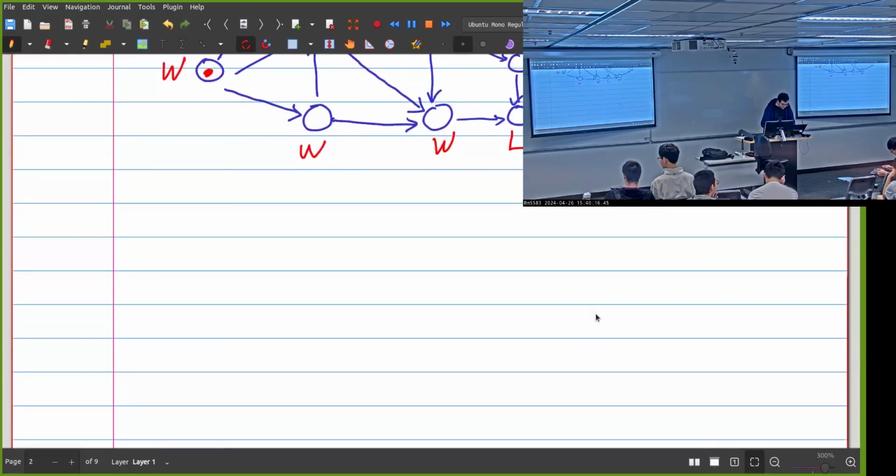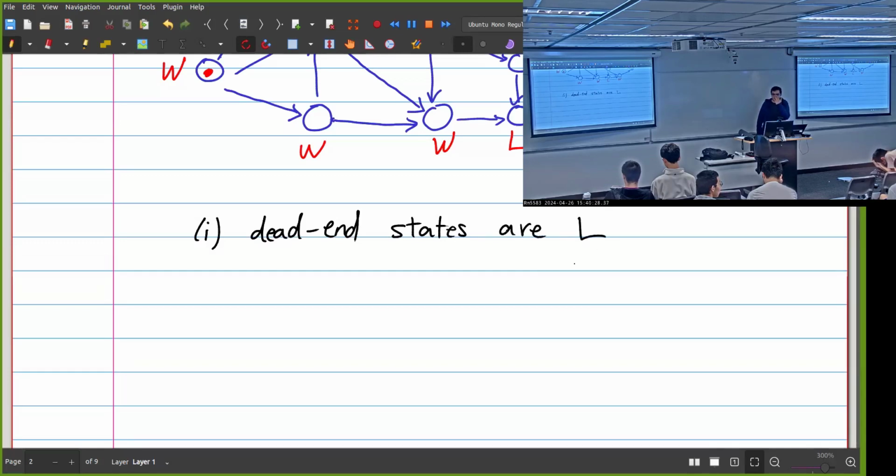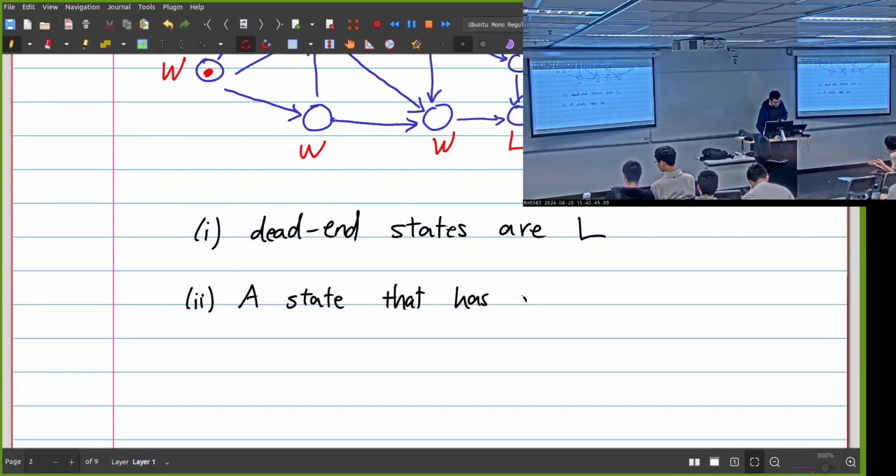My first condition is that dead-end states are losing. So if you get stuck and you cannot move anymore, that's an L. Okay. Now, a state is a winning state if it can have one transition to at least one losing state. So this is the second one, a state that has a transition to an L state is a W state.